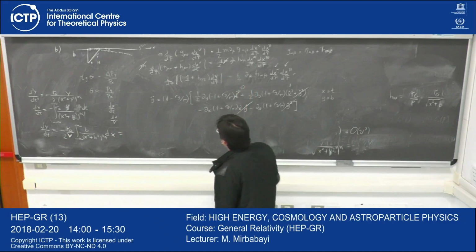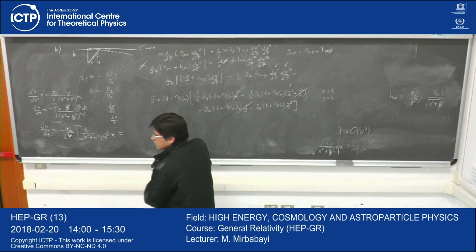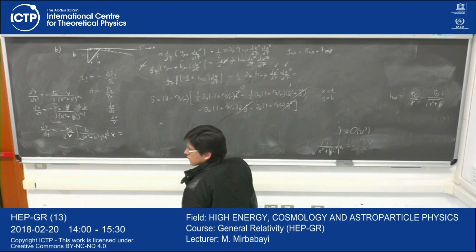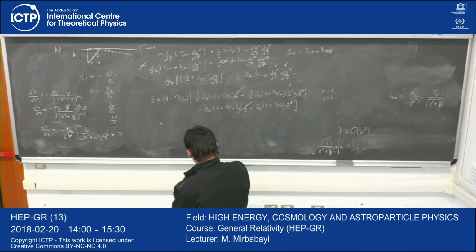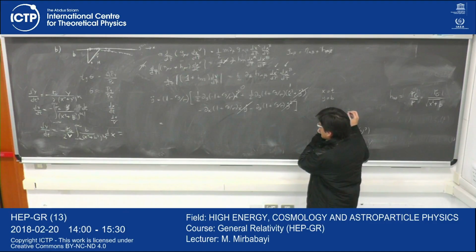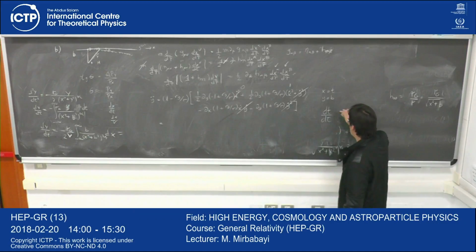Wait, the dot is with respect to proper time. But then what is t dot then? This is 1 over gamma naught.